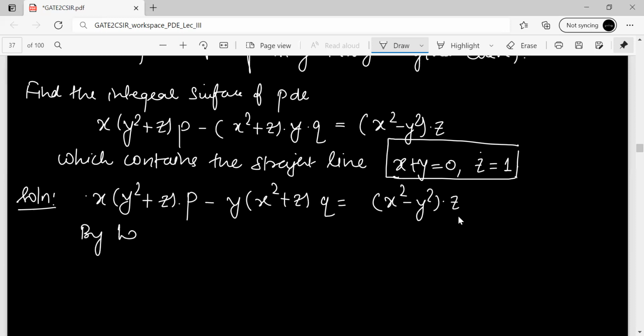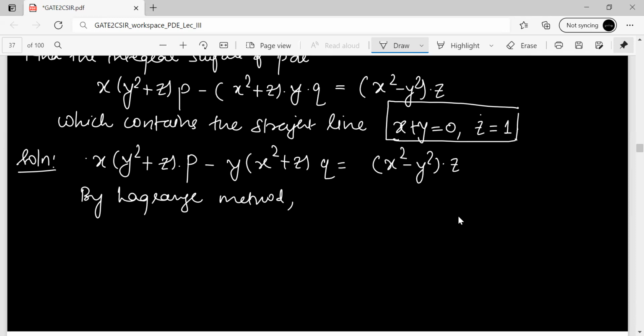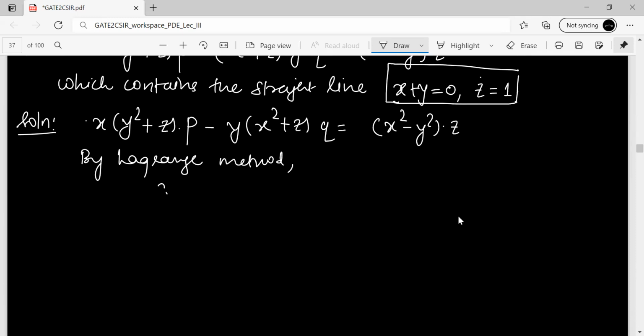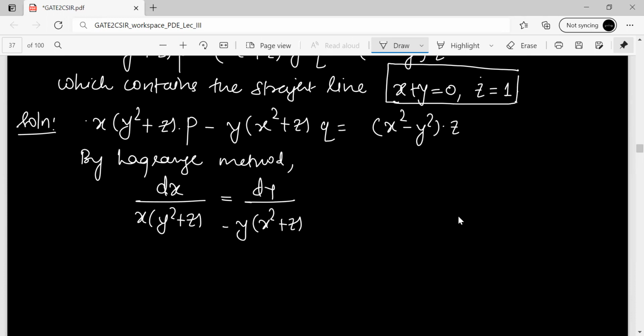So by Lagrange method, let's say you got dx over x times y square plus z equals dy over minus y times x square plus z equal to dz upon x square minus y square times z.